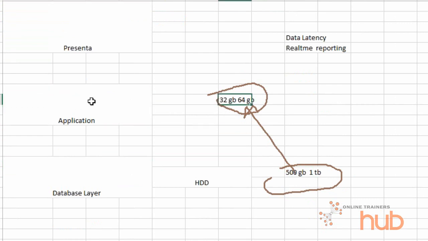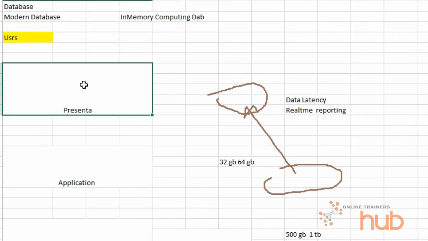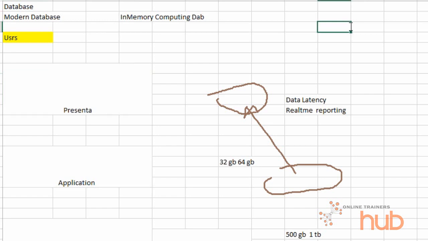When the entire amount of data is within RAM, your applications can directly access that data at a faster rate, and real-time reporting also becomes possible.